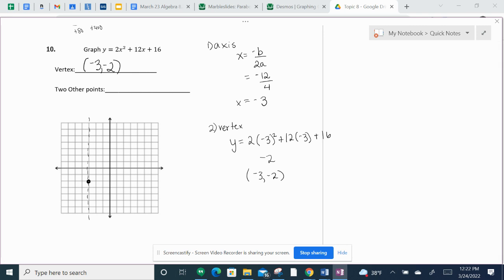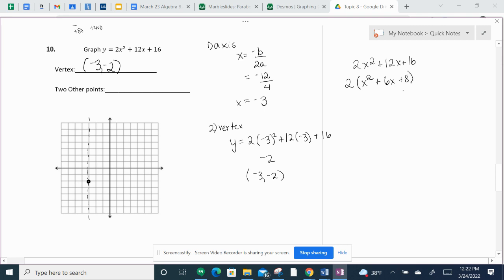Now it asks for two other points, and I can find those two other points. Remember, we had the option of either factoring or using a t-chart. I'm going to do both of those, and you can choose which way you like. When I look at the original equation, 2x squared plus 12x plus 16, I notice that there's a greatest common factor of 2, so I'm going to pull that out first and be left with x squared plus 6x plus 8.